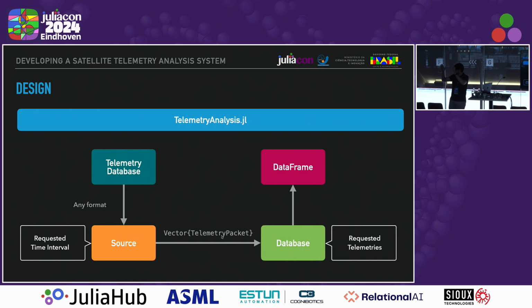After that, you have a defined type for the telemetries. And now what you need to do is define a telemetry database. This is not the database that stores the telemetries, but the database that stores the variables: how each part of the telemetry frame can be converted into a meaningful value. And afterwards, you get the data frame with the information you want.